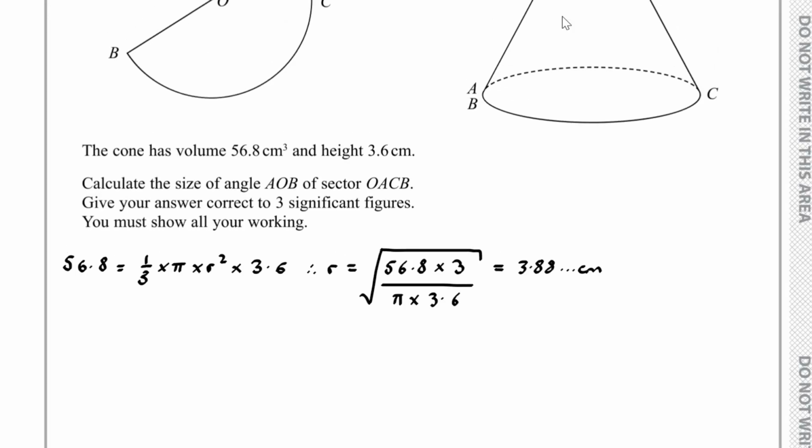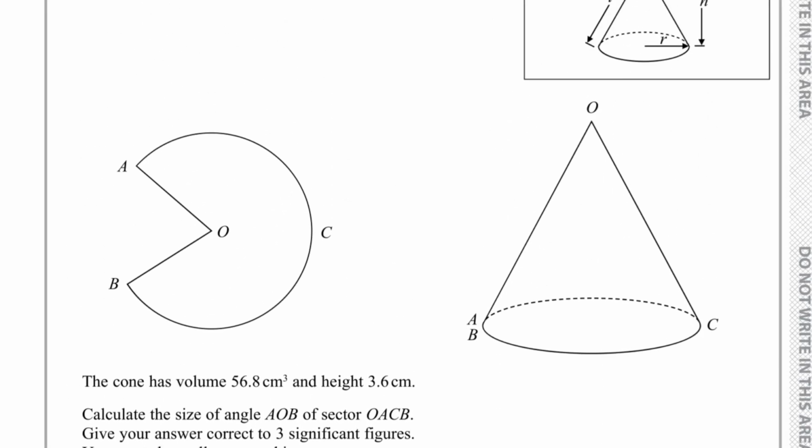So in terms of the diagram, let's try to add everything that we know. So here we've got essentially the height. This is the height of 3.6, and we've also got this radius over here.